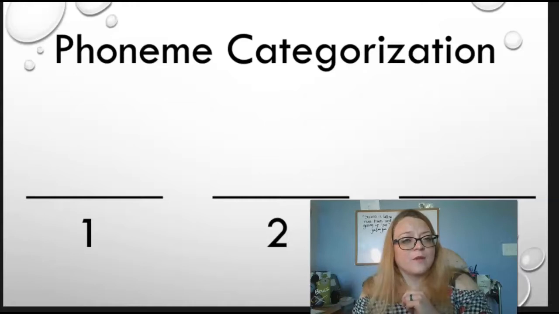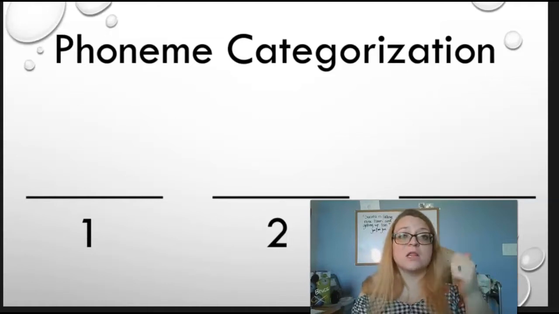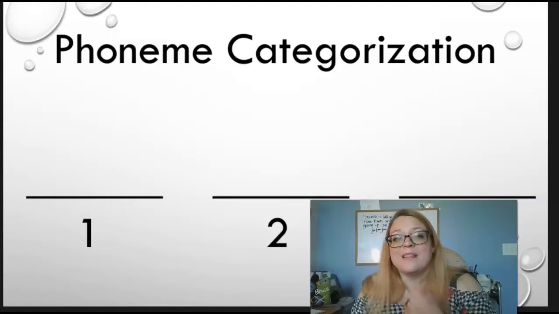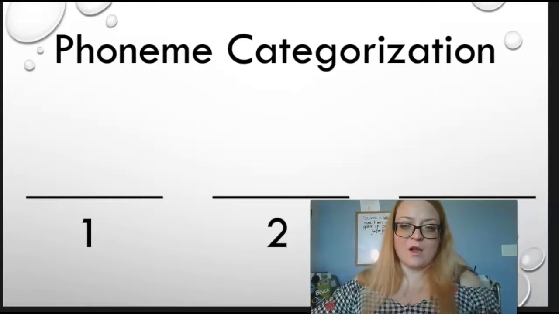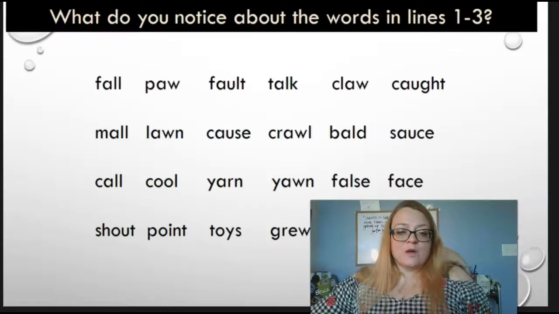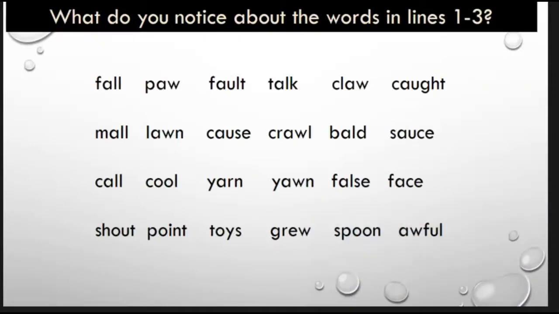Which one doesn't belong? If you said lawn, I agree with you. Give yourself a pat on the back. The other two had the oi sound. P-oi-n-t, t-oi-z, right? Good job.